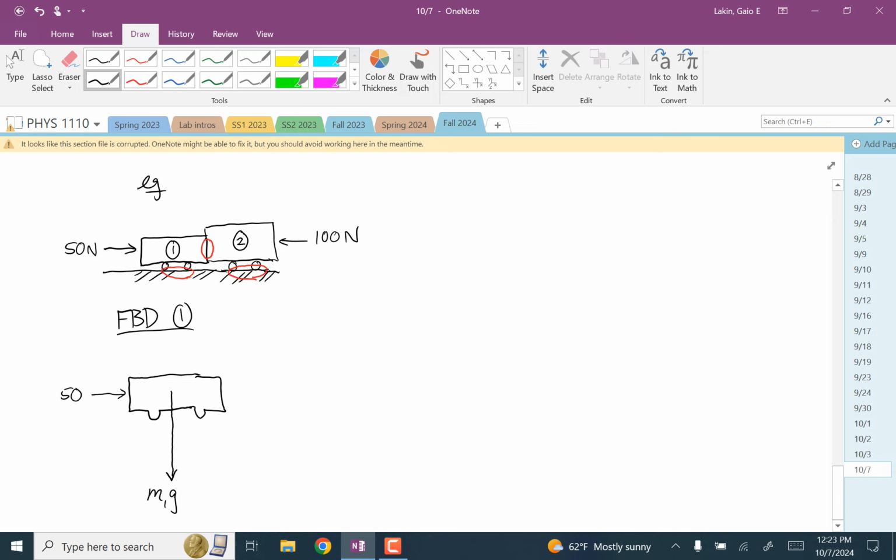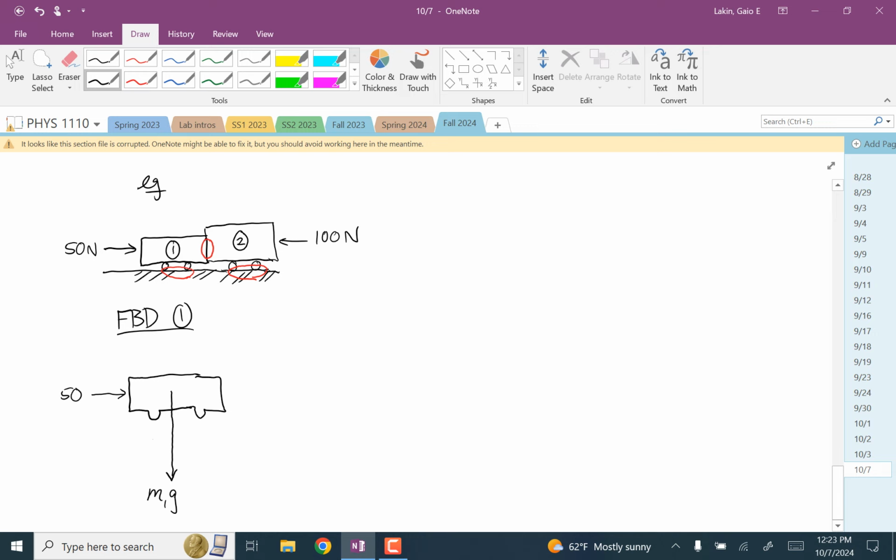Okay? And now I'm going to go around the boundary looking for contact. Well, down here at the wheels, there's contact from the ground. I could put them at both wheels, but I'm just going to lump it into one thing. We're still thinking of everything as particles, so really everything's happening at the same point right now anyways. So what's the direction of the pushing force from the ground?